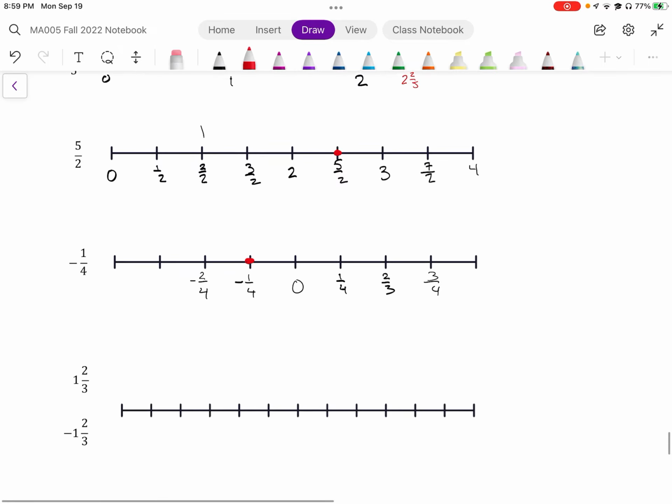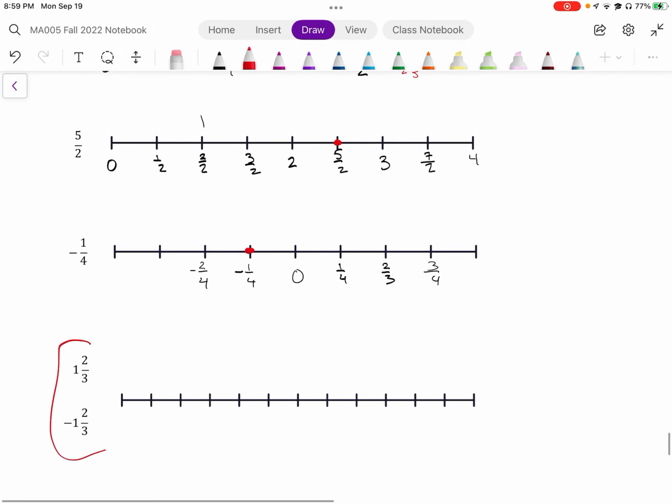All right, 1 2/3. We've got two numbers actually we're going to put on this number line right here. 1 2/3 and negative 1 2/3. So let's put 0 in the middle. And let's see if it'll work to make each line a third. So this will be 1/3, 2/3, 3/3 is 1, 3/3, 4/3, 5/3. Except this didn't use those kind of numbers.